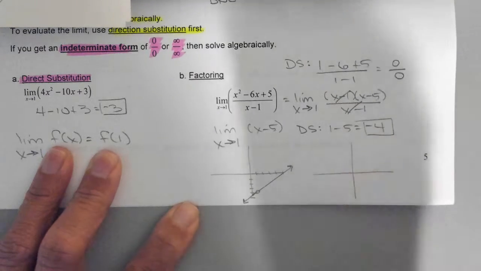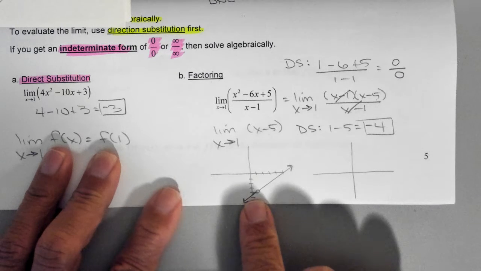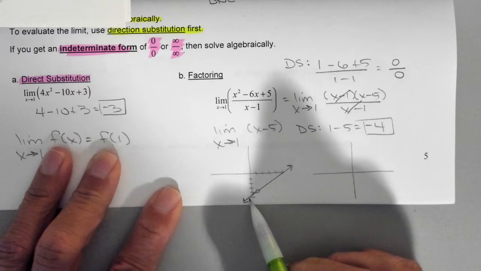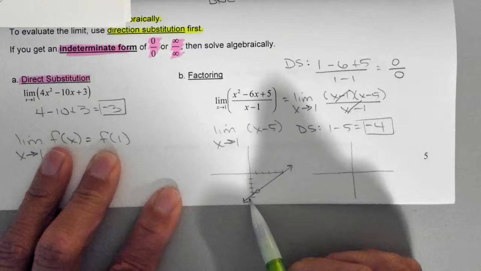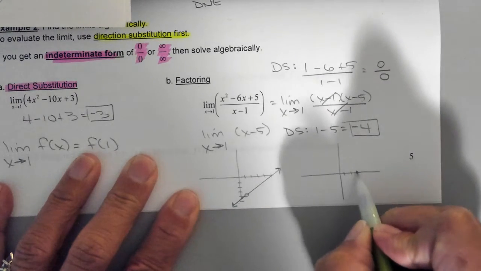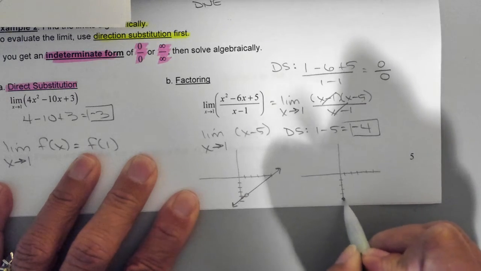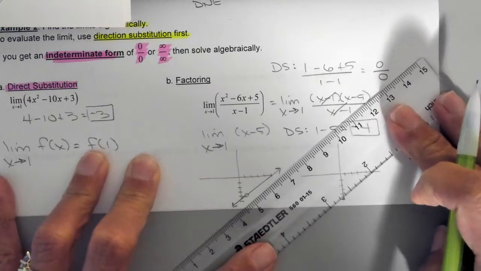Okay? So what's the limit as x approaches 1? Excuse me, yeah, 1. Still negative 4, right? Graphically, that's what we were just doing. So then if I were to graph x minus 5, that's just a linear function with an intercept here at negative 5, right?